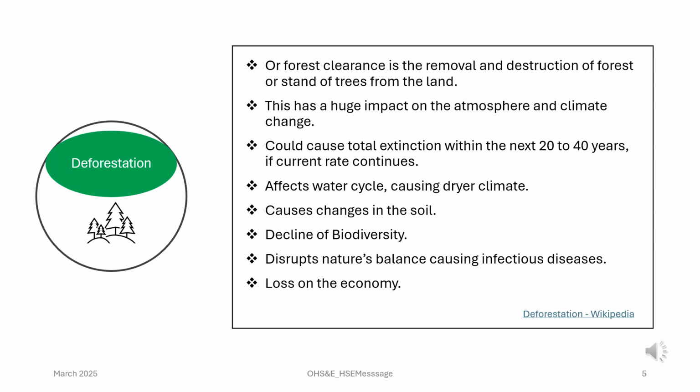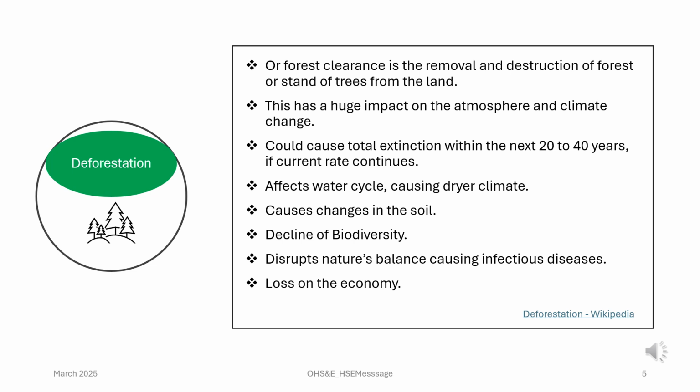Reduce your meat consumption. Livestock farming is a major driver of deforestation, especially in tropical regions. Reducing your meat intake can help lower the demand for land conversion. Use digital alternatives.